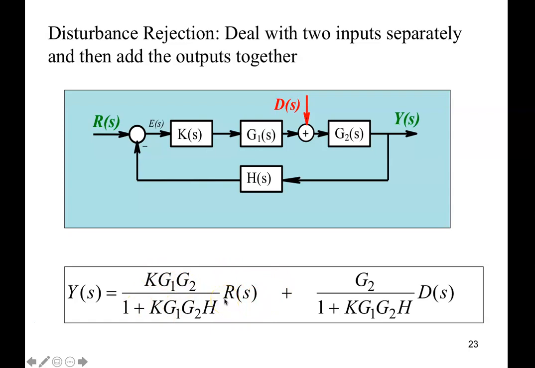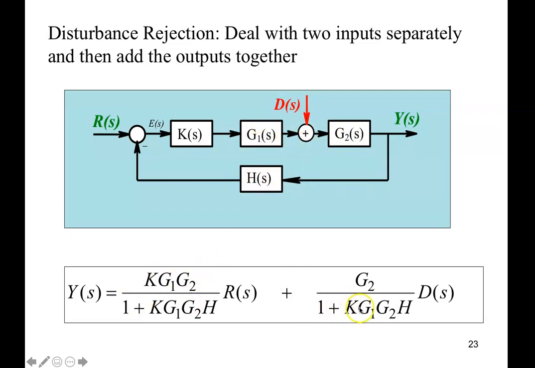That's stage number 1. Stage number 2 is you forget about this and focus on this ds as the input. This time, from the input to the output, the forward path follows the arrows. I only have one term, g2 here, so that's g2. In the denominator, I have a single loop in the system, so the denominator terms are the same as before.